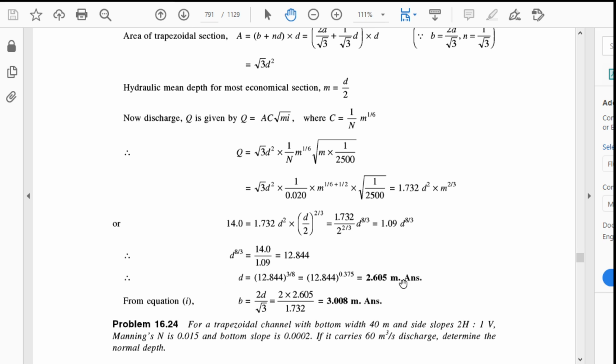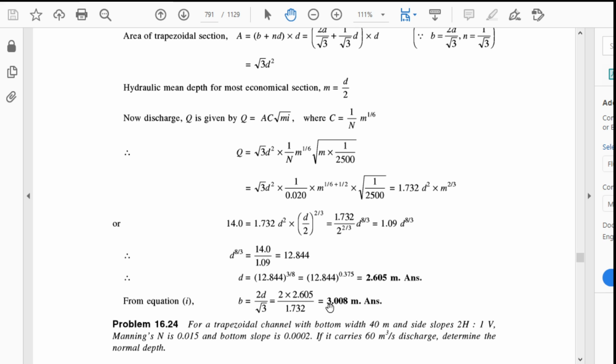2.605 meters. Now by using the equation of the most economical trapezoidal channel section, b is nothing but 2d by root 3. So substitute the value of depth in this equation, that is 2.605 meters. You will get the value of b as 3.0008 meters.